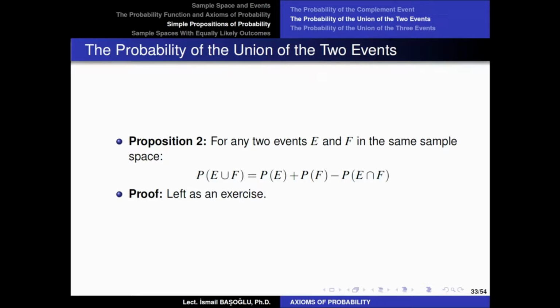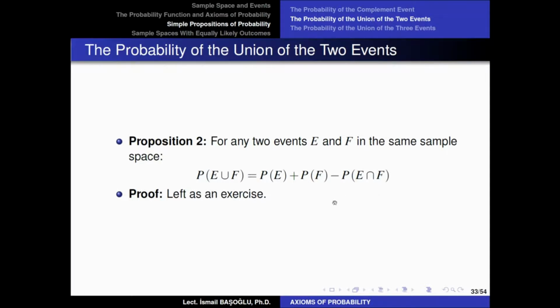Now, another thing that I should mention here: though in this proposition, this formulation may seem like it helps us to calculate the probability of the union by using three other probabilities, the probabilities of individual events and the intersection event, actually, in this equation, if you have any three values, the fourth value can also be calculated.